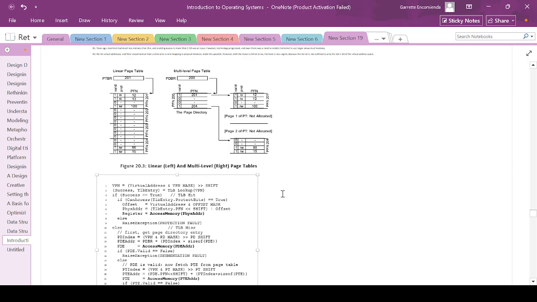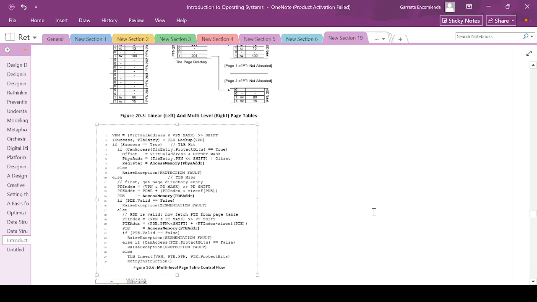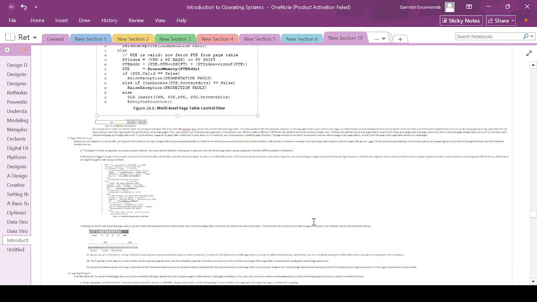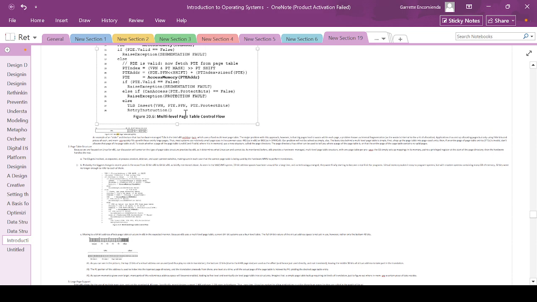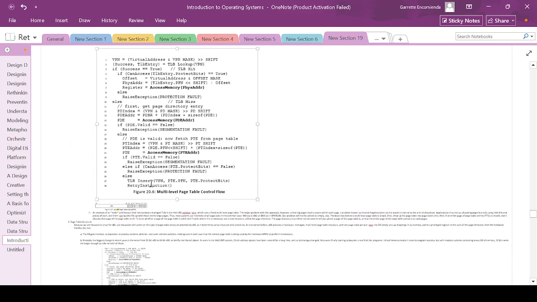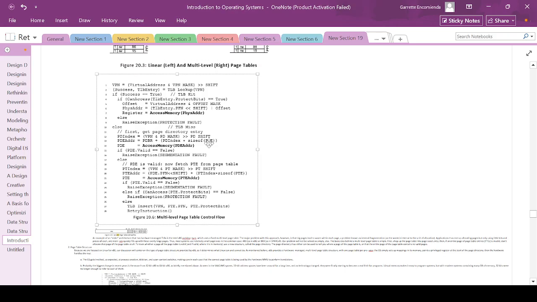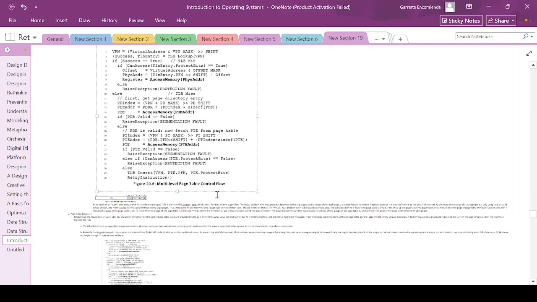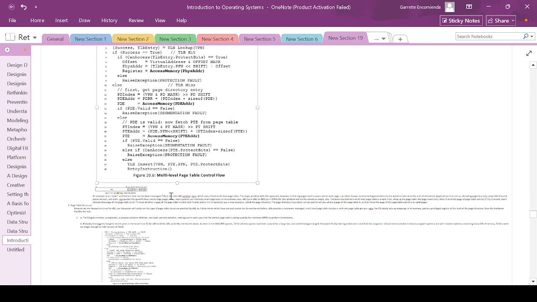So these are the multi-level page tables it used for that. And this is the code for the multi-level page table control flow. So again, it accesses the TLB, and then it raises a protection fault. It uses the page directory first before accessing the PTE address.